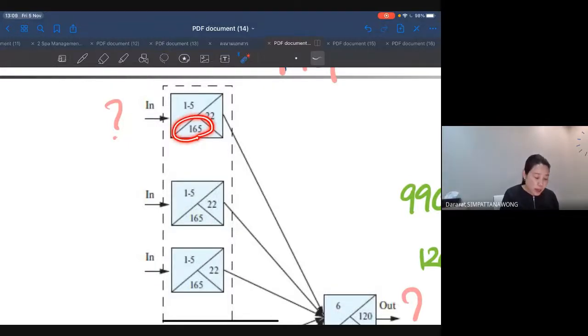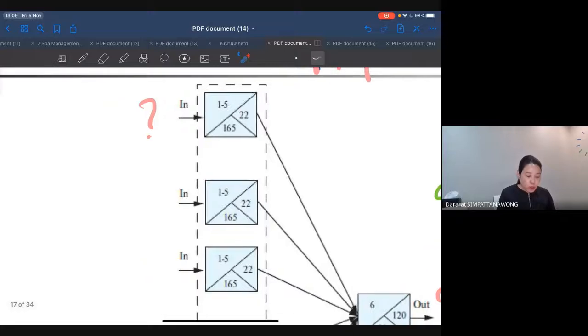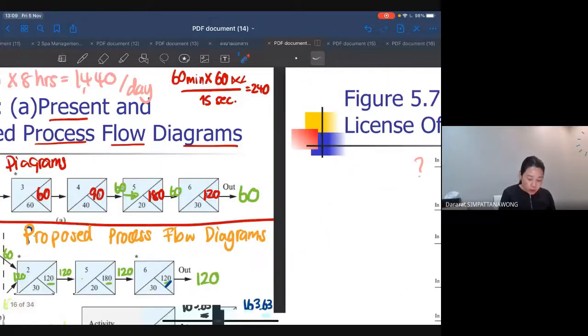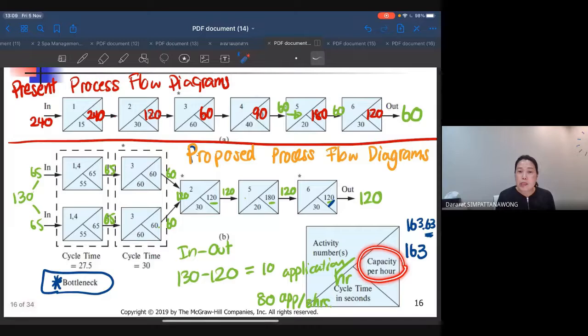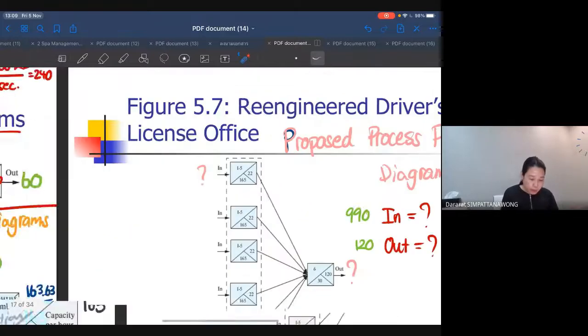And how about 22? How did you get 22? The 22 refers to the capacity per hour. 1 hour equals 60 minutes, and 1 minute equals 60 seconds, so that comes to 3,600.